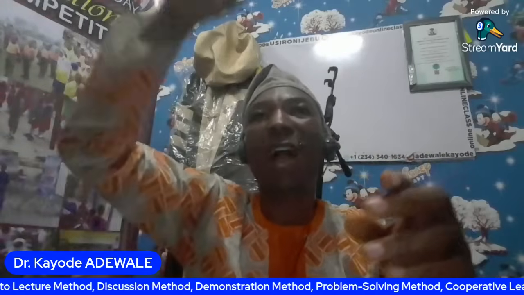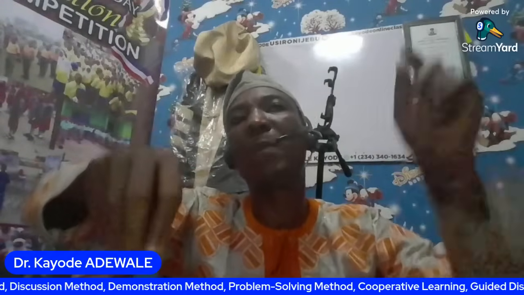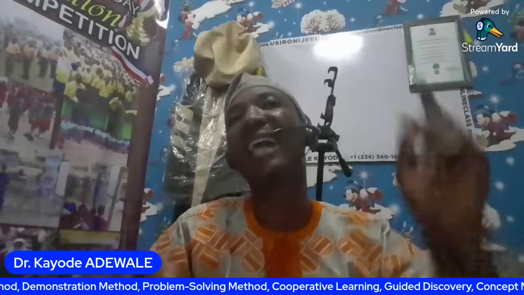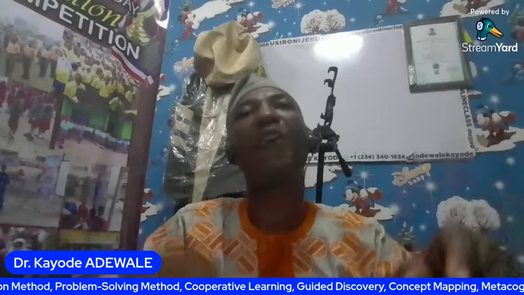If I put that 5 in between 4 and 1, it will give me 451. And that is why 41 multiplied by 11 is 451. I've given them a structure. If I now ask them, what is 23 multiplied by 11? As a brilliant student, you should be able to tell me 253. So it allows the learner to formulate conclusions. So that is that about the guided discovery method.